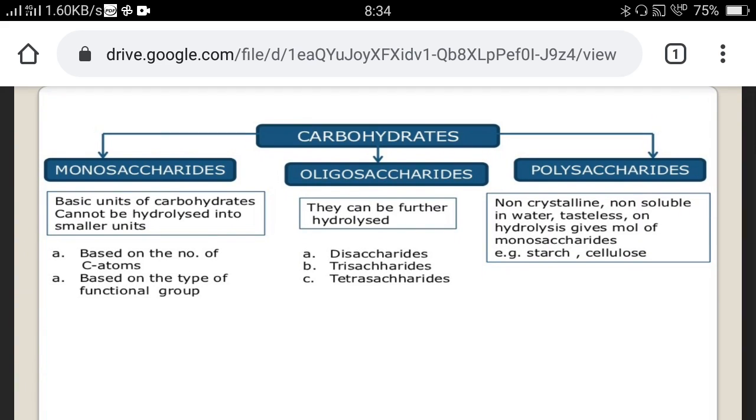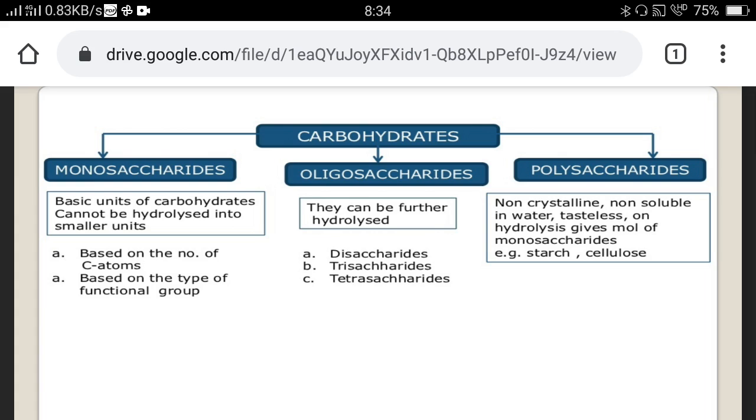Carbohydrates are broadly divided into 3 groups: monosaccharides, oligosaccharides and polysaccharides. Monosaccharides, basic units of carbohydrates, cannot be hydrolyzed into smaller units, classified based on the number of carbon atoms and based on the type of functional group.